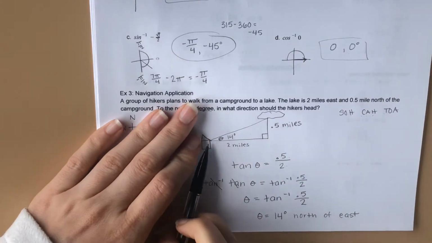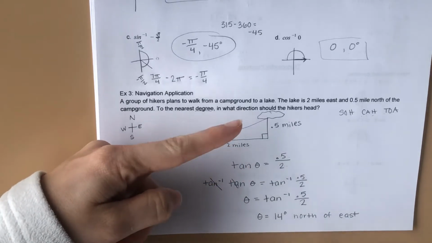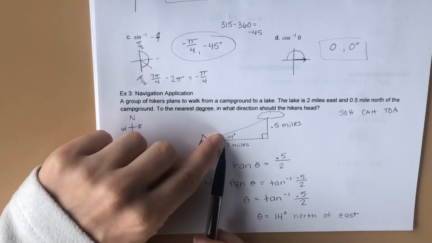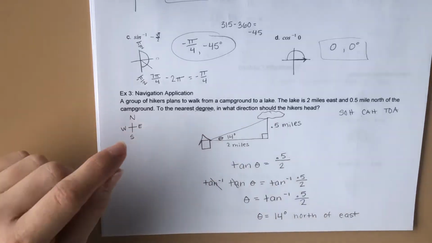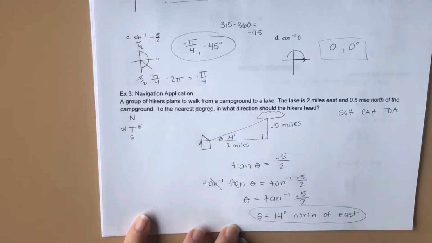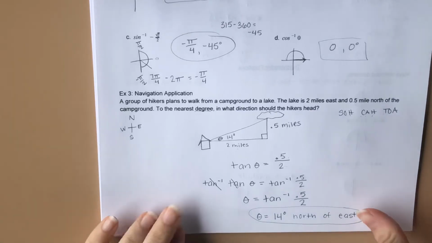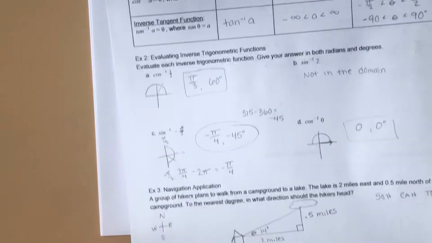I was looking at the east, and I'm going to have to go 14 degrees north, so 14 degrees up, and that will get me to that lake. So then that is my answer. I want you guys to try B. I think the hard part is going to be drawing that picture. Just try your best and then check your answer when you are finished.